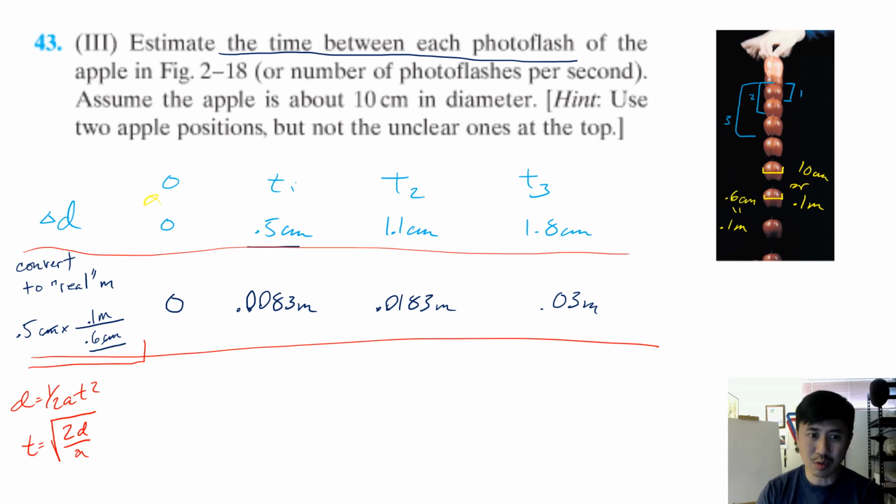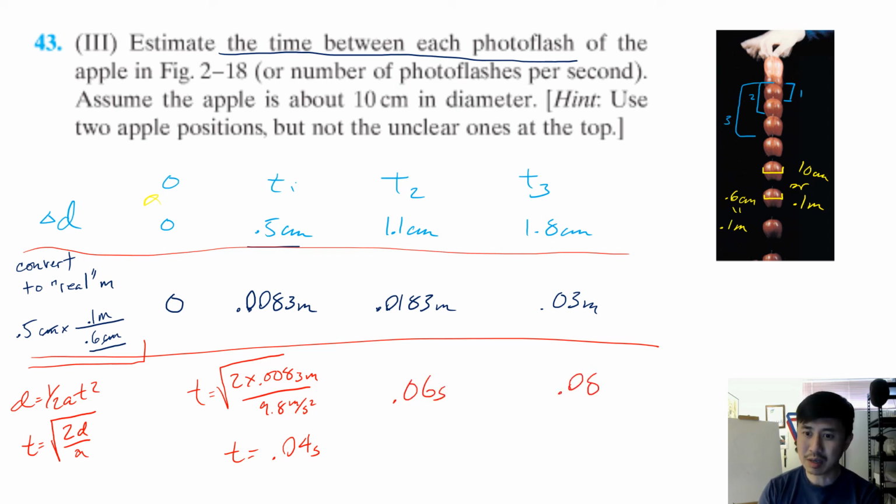For trial 1, my t is equal to the square root of 2 times 0.0083 meters divided by 9.8 meters per second squared, and the time that I got here was around 0.04 seconds. When I found the t here, it was 0.06 seconds, and then here I got 0.08 seconds.